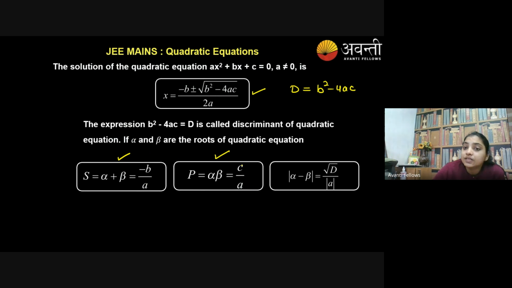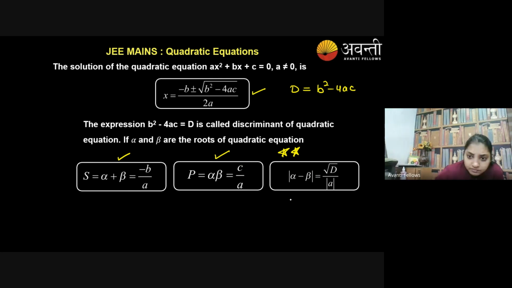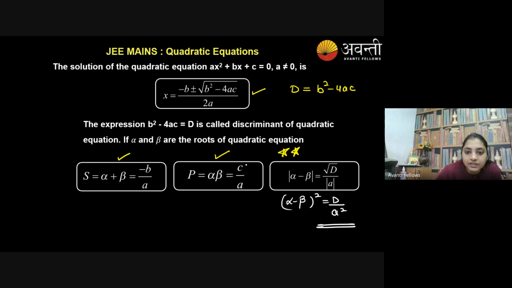So, one new result is important: the modulus of alpha minus beta is the modulus of under root d upon a. Or in fact, alpha minus beta whole square is d upon a square. Noted? Sum is known, product is known, and the difference is calculated. Clear?